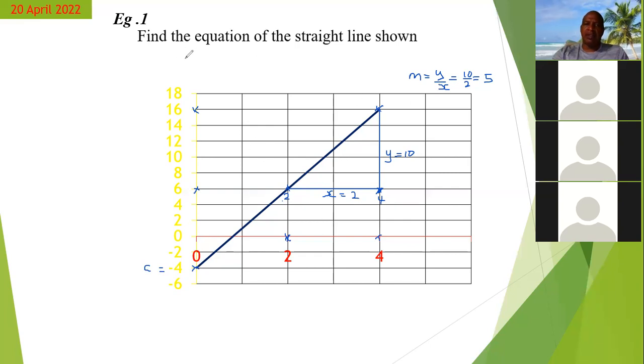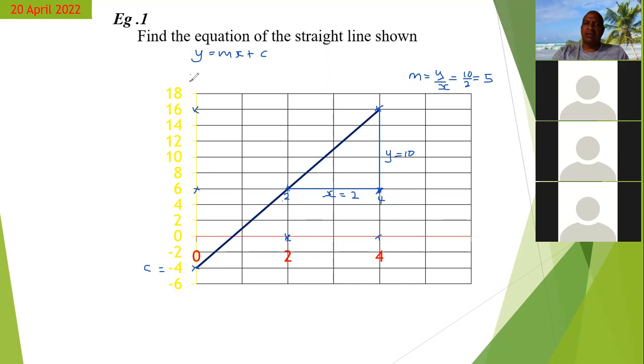So all we need now is to write the general form, which is y equal to mx plus c. And then we substitute the value for m and the value for c in this.